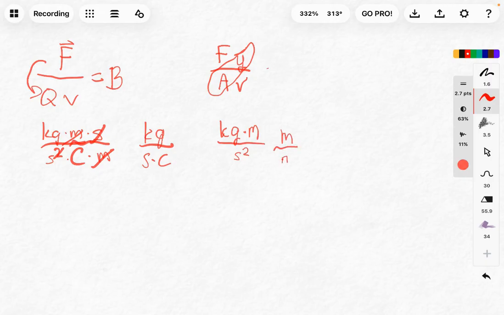A is area, so meters squared, times meters per second. And again, these meters cancel out, and then this seconds cancels this out. And we get kilograms per meter second. All right, that's the analysis we have there. But anyways, back to the main content.